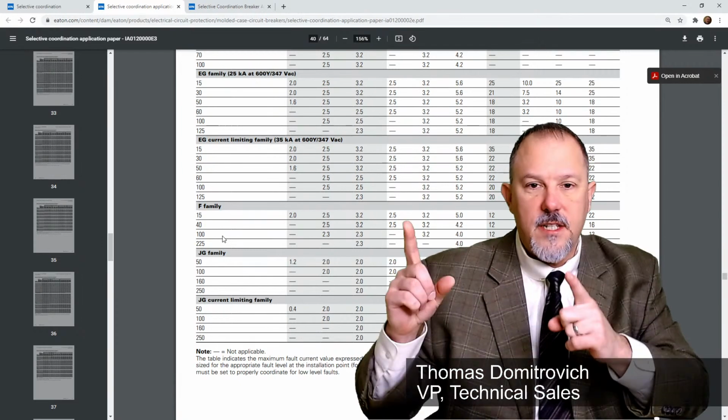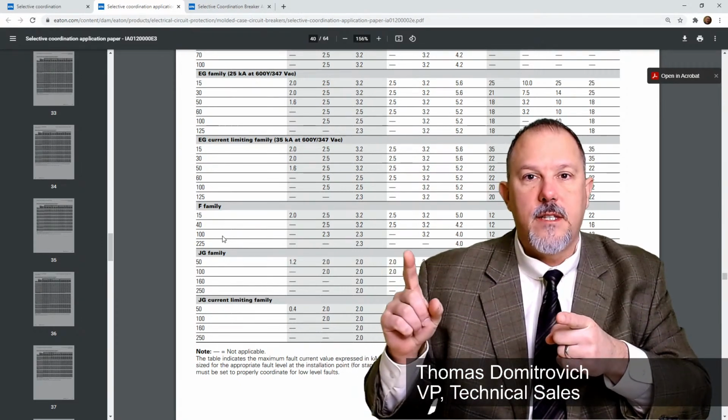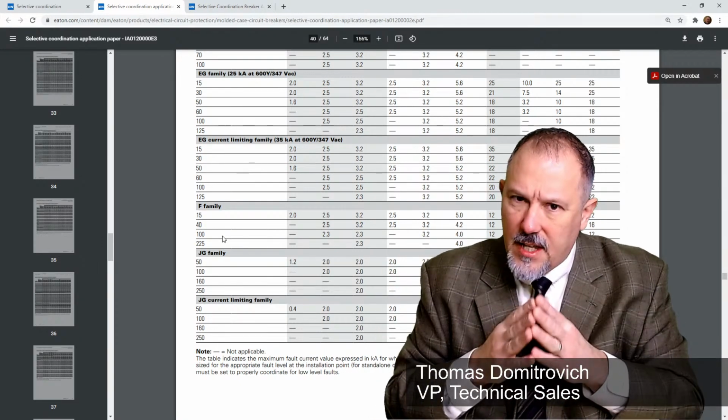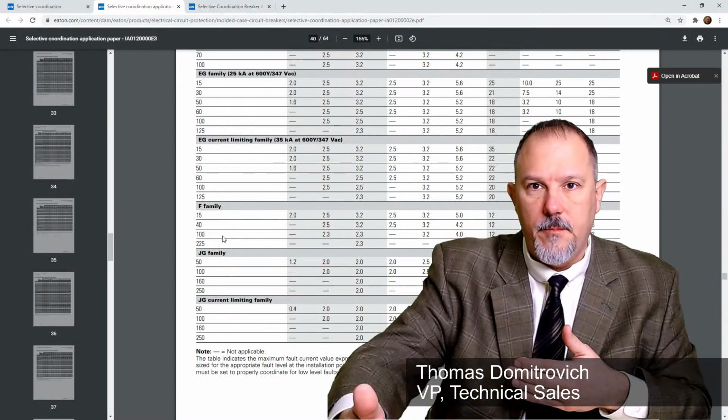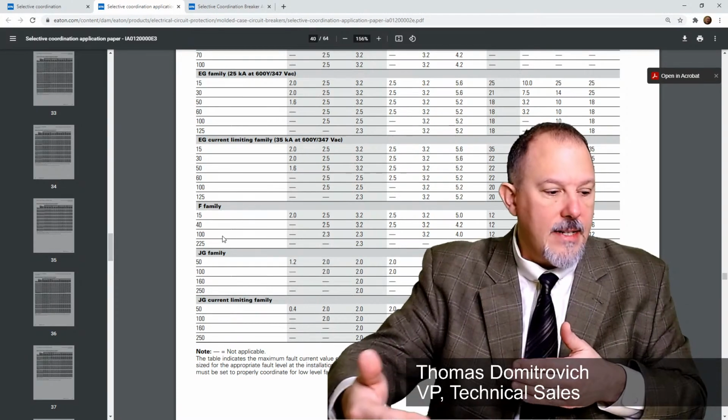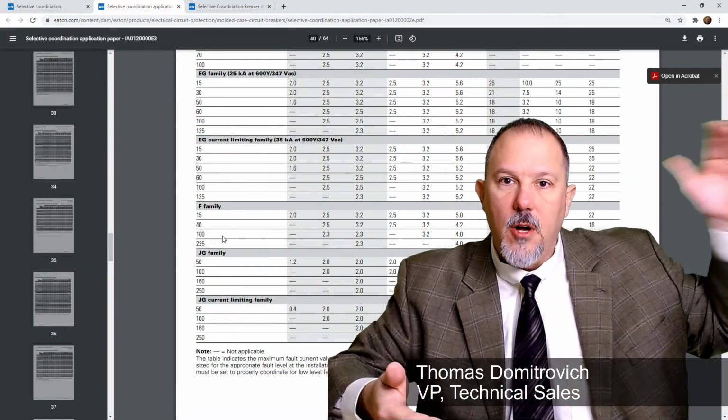What this is telling you is, if you just think about it from a selective coordination perspective, I take the largest downstream breaker or fuse and I selectively coordinate it with the smallest upstream.